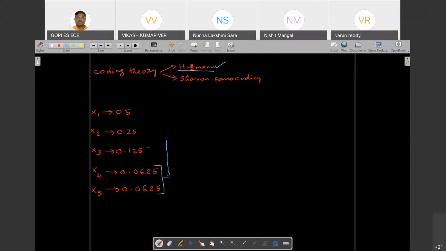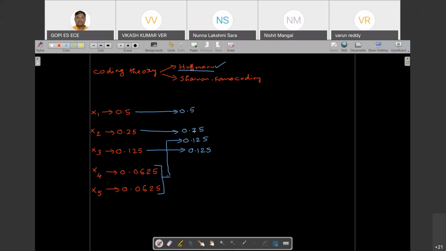When you do this summation, you are getting 0.125. This 0.125 is coming as it is, and this one 0.25 I am putting here, and this 0.5 I am writing here like this.